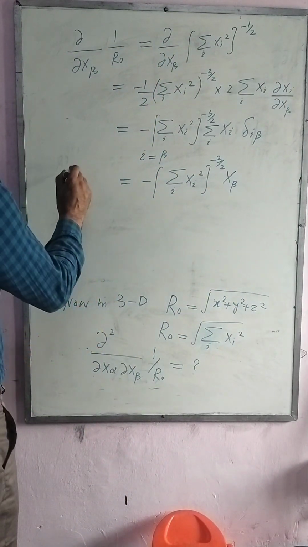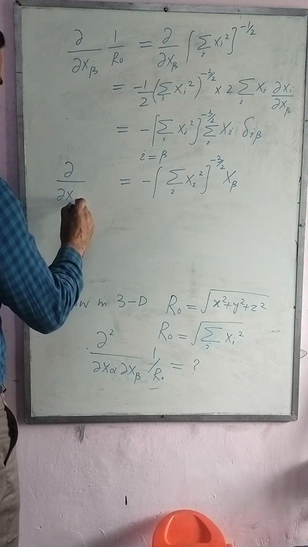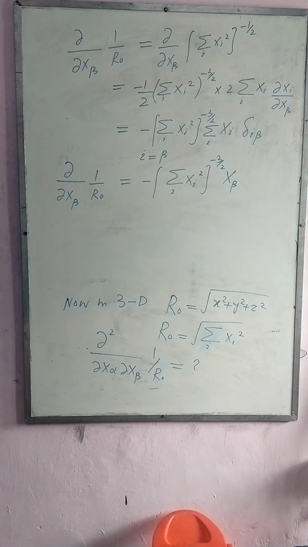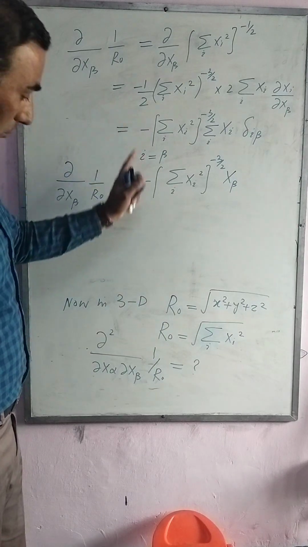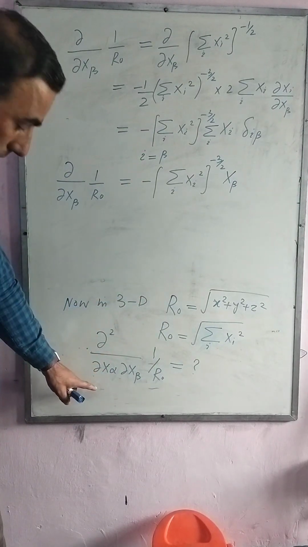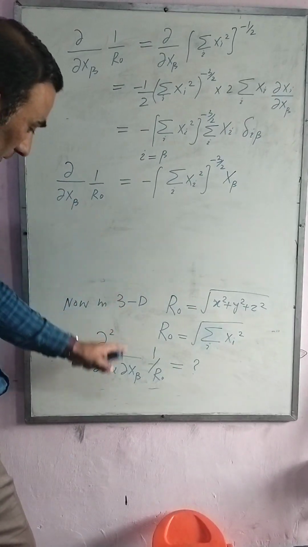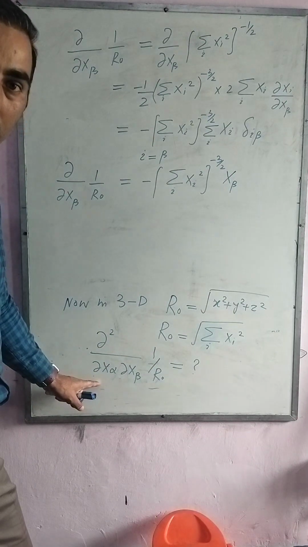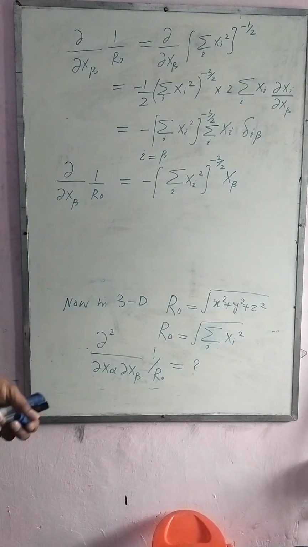So this is our partial upon x beta of 1 by r. But the whole term is partial by partial x alpha and by partial x beta, right? So the first term we evaluated. Now you need to differentiate this term with respect to partial x alpha, right? With respect to this x alpha.